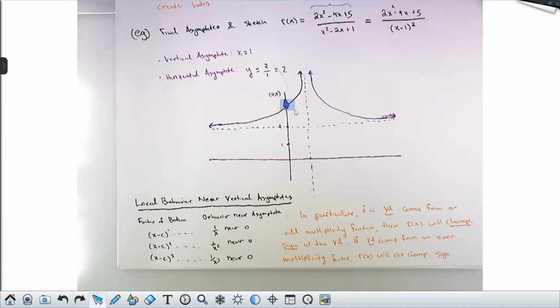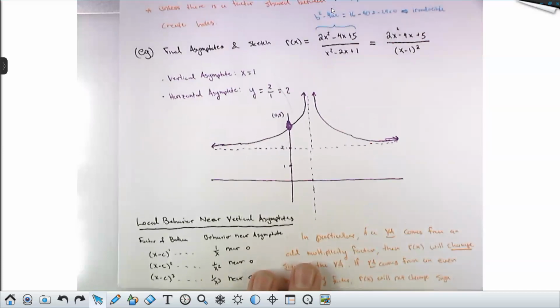Well, my y-intercept is the point 0,5, which is positive. If I wanted to get from this point to going down here, I would have to have crossed over the x-axis. But this function doesn't have any x-intercepts because the top is irreducible.